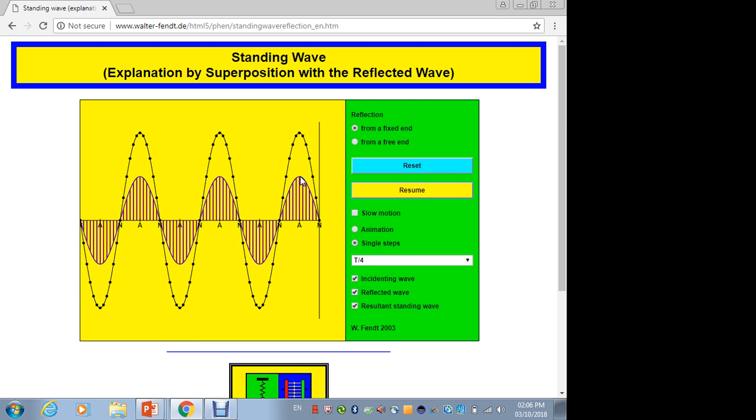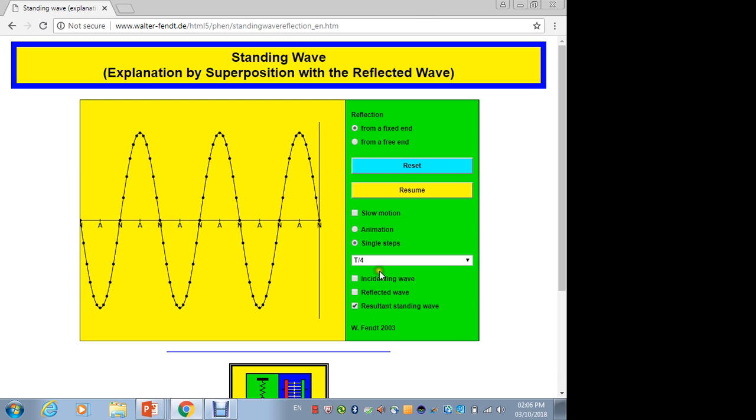If this is A, the resultant displacement here will be 2A. If I ask you to sketch the standing wave, your answer will be just this, no need for the incident and reflected waves. This is how the standing wave looks at t equals 0.